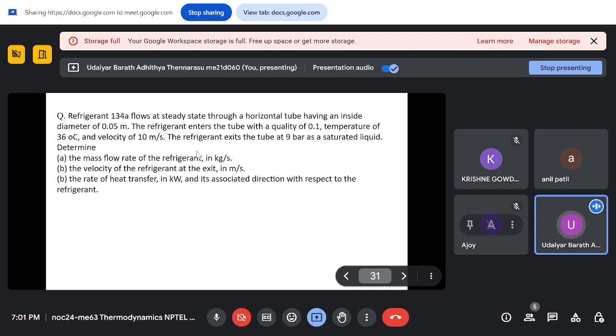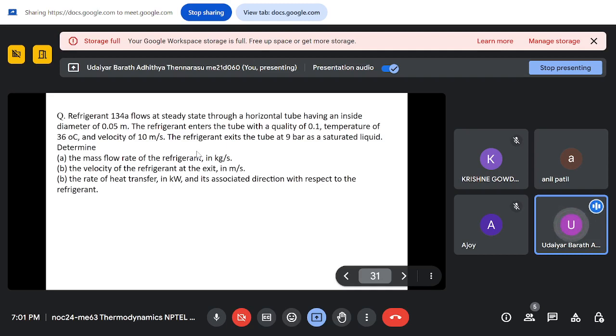The next question is, we have a refrigerant. Do you have any question on the previous problem? Okay. So next question is, refrigerant R134A flows at steady state through a horizontal tube having an inside diameter of 0.05 meter.